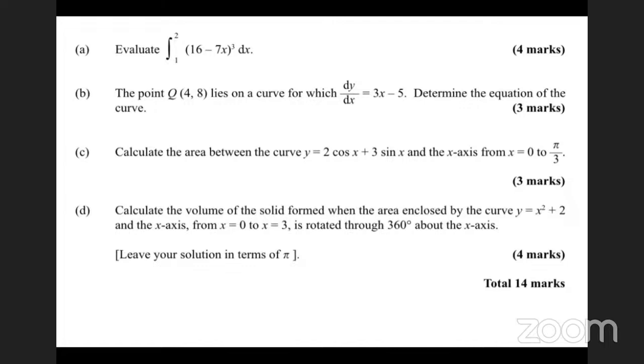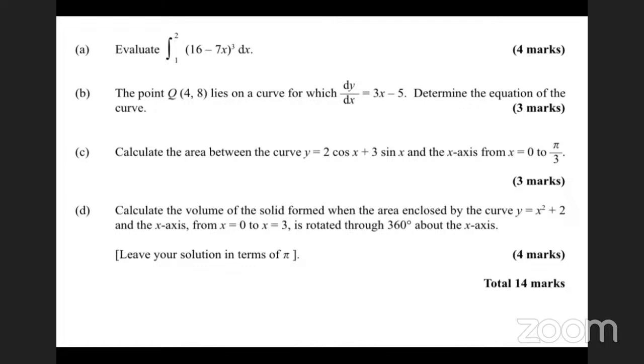Last one, C. Work out C, please. Find the area between 0 and pi on 3. Sometimes these questions require you to work in surds, right? So sometimes the answer will be in surds. Last one is C, right?